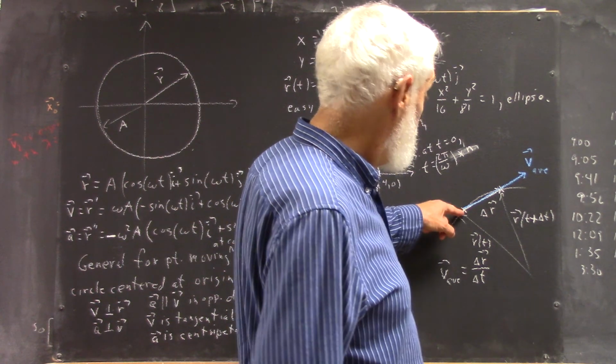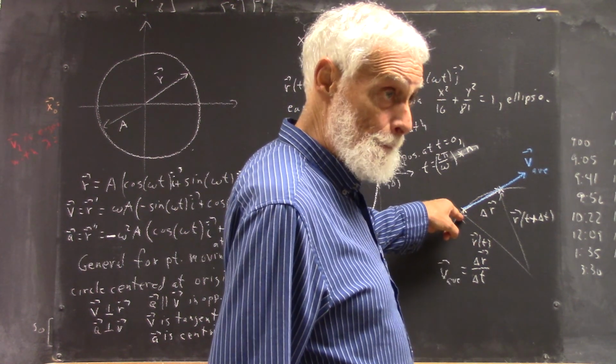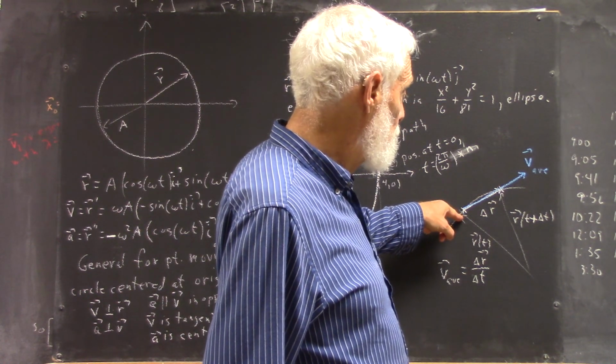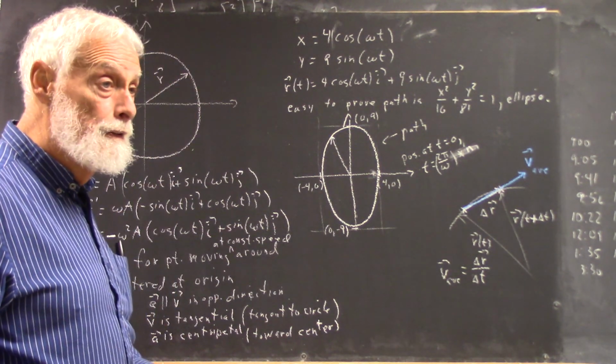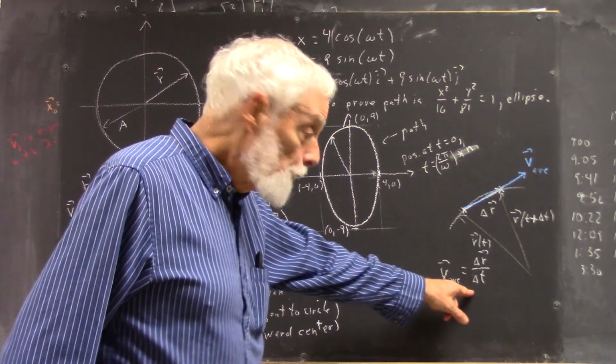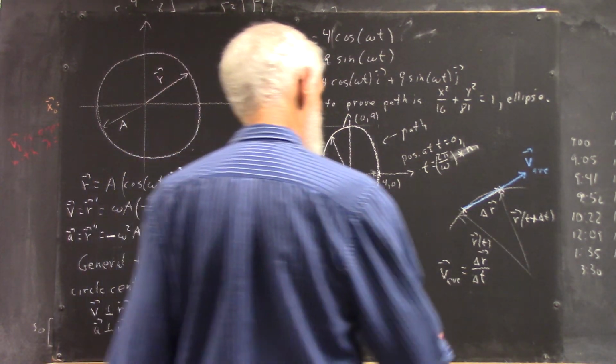Now what's the instantaneous velocity? It's the derivative of the r function at this point, right? So what does your picture do if you want the derivative? Well, you shrink delta t. You take the limit as delta t goes to 0, right?